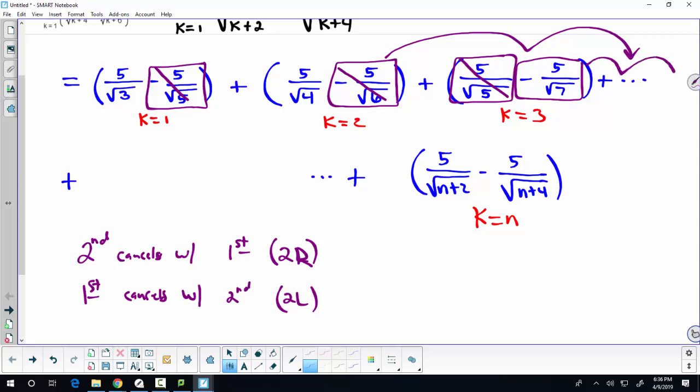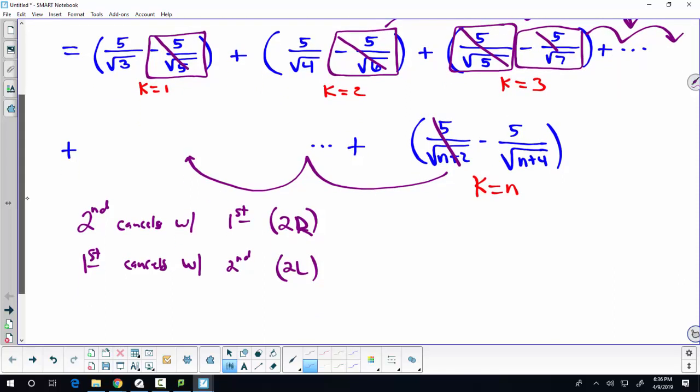Well, we might need to write a couple more of these out. But the nth term, the 5 over root n plus 2, does that cancel with anything? Yeah, that'll cancel back here. And then does the minus 5 over root n plus 4 cancel with anything? No. So would everything else cancel? Okay, so we're good with that.